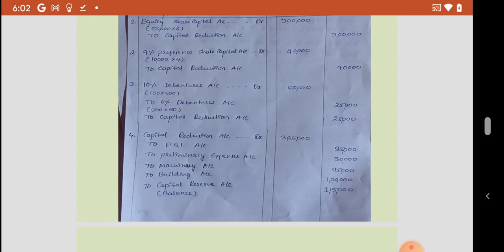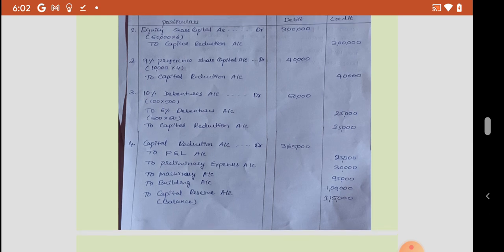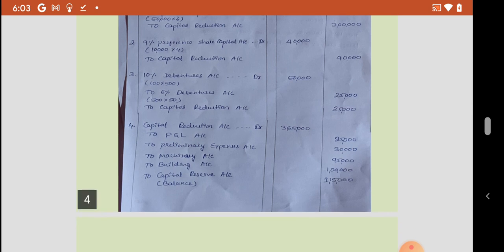So the journal entry would be capital reduction account debit to profit and loss account, that is the debit balance of the profit and loss account, to preliminary expenses account, to machinery account, to building account, and the remaining balance is transferred to capital reserve, amounting to 1,15,000. So these are the journal entries that need to be passed in this problem.